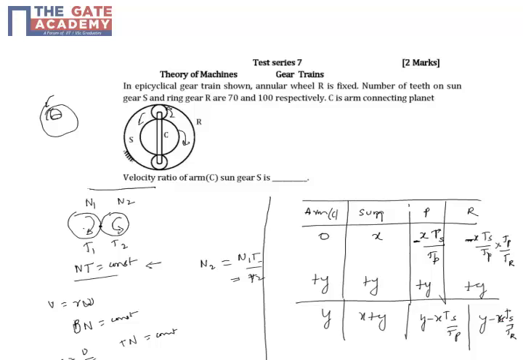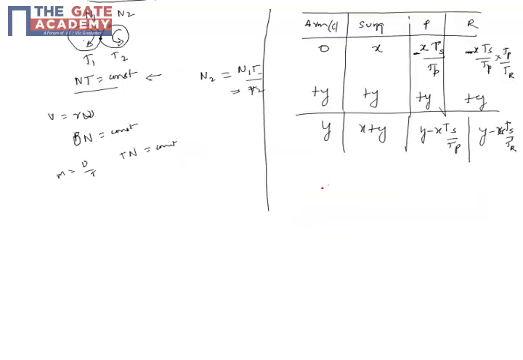Now what is given is that the ring gear is fixed, so Y minus X TS by TR is 0. The number of teeth on the sun gear is 70 and on the ring gear it's 100. So Y is 7X by 10.